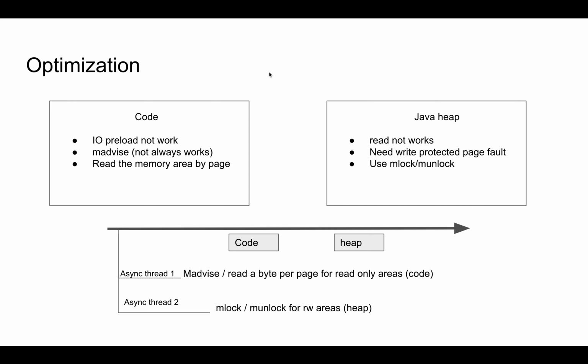After better understanding this issue, we can optimize it accordingly. For code files, a straightforward idea is doing some preload. But if we review this idea again, we can find that I/O preload reduces the time from disk to memory, but the file is loaded into page cache. The map between virtual page and physical page is not set up.